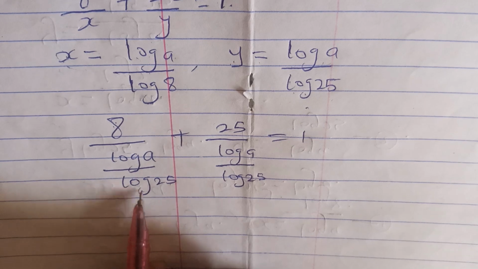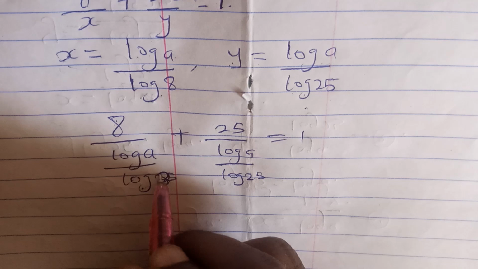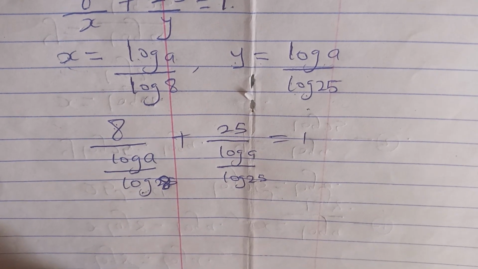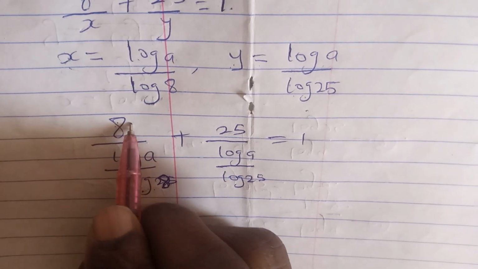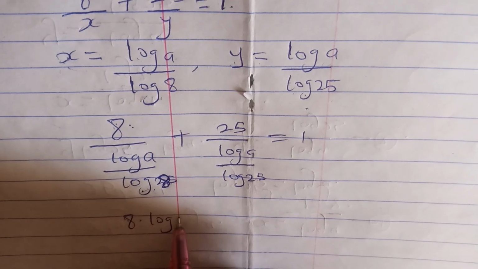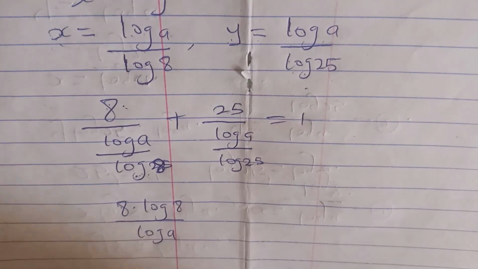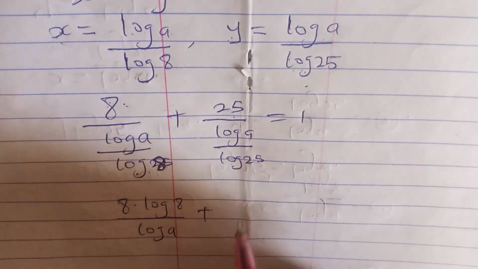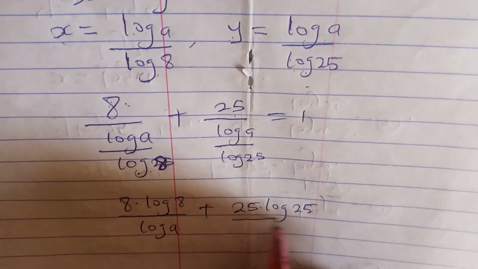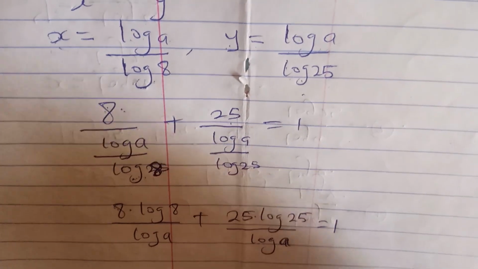So this is what we are now having. The denominator goes up to the top, so we have 8 times log 8 over log a, plus 25 times log 25 over log a, equals 1.